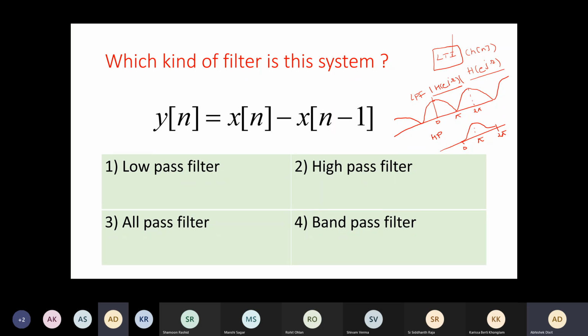Now answer this. What kind of filter is this system? Yeah, what's the answer? 1, 2, 3, 4.